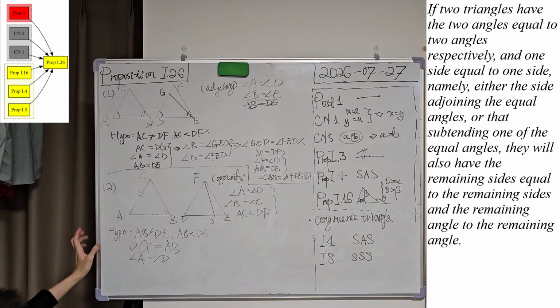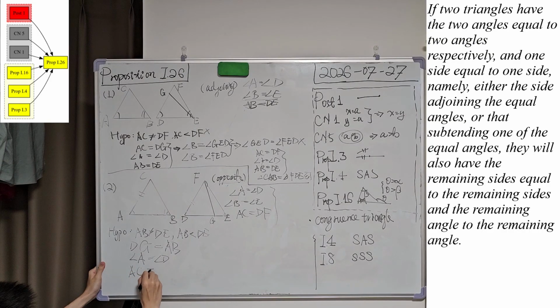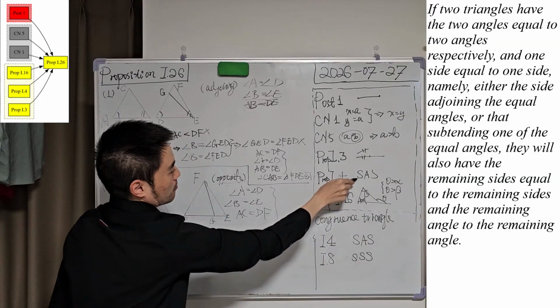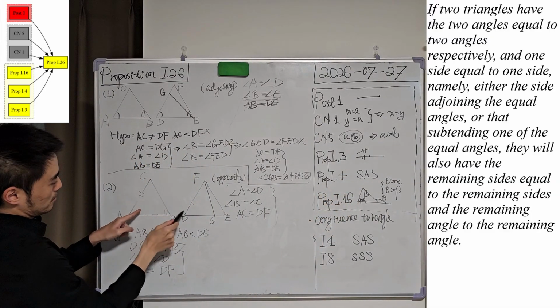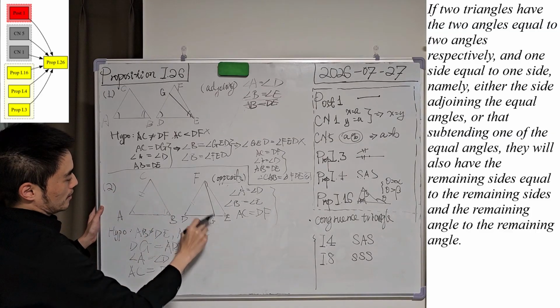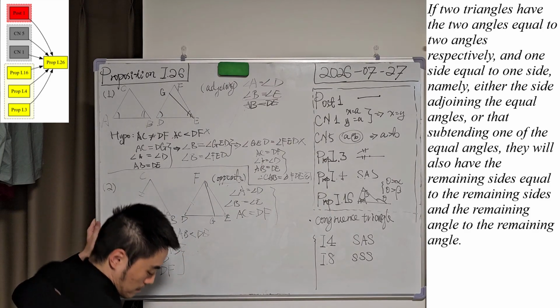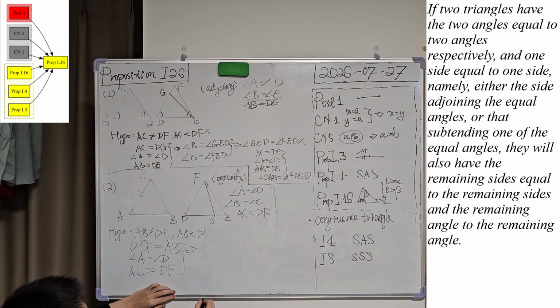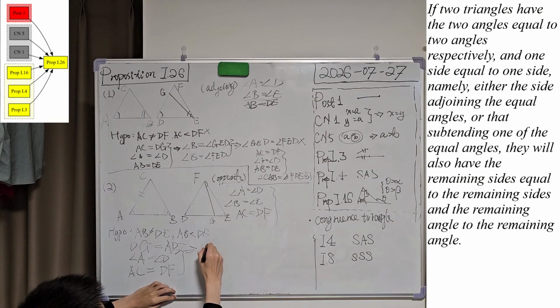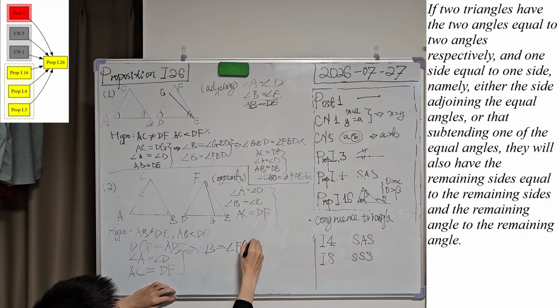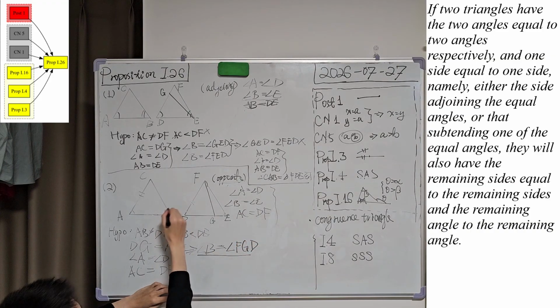We also know that AC is equal to DF, which is another condition. So we combine them together and apply proposition 4 again, side angle side. These two triangles are equal, which implies that angle B is equal to angle FGD.